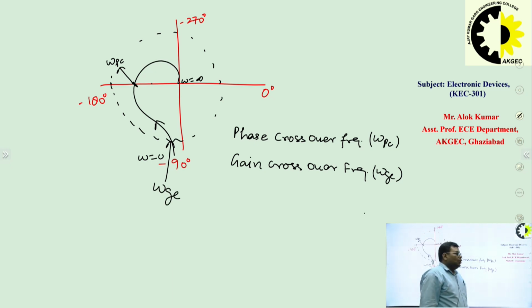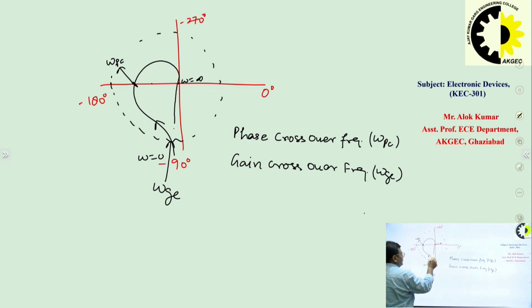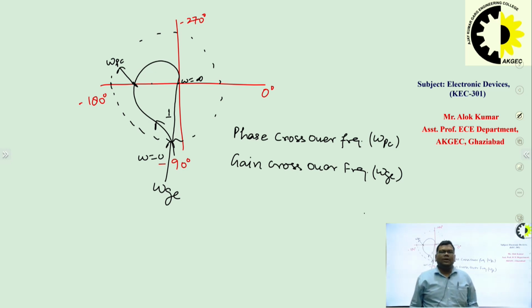Obviously, at phase crossover frequency, the phase angle will be minus 180 degree, and at omega GC, the magnitude of this will be 1, because we are drawing a unity circle. So we can calculate omega PC and omega GC.